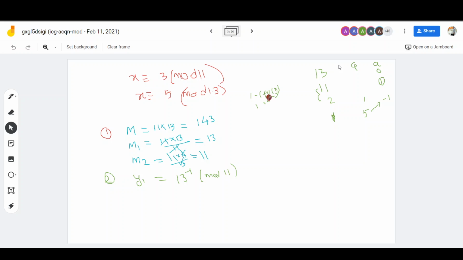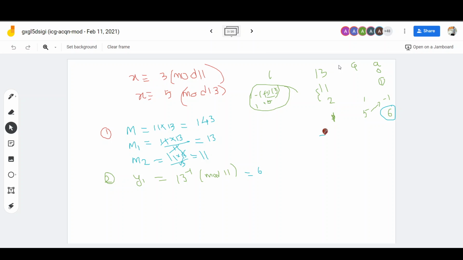So you will get +6. This is the multiplicative inverse of 13 in 11. So the equivalent answer is 6.